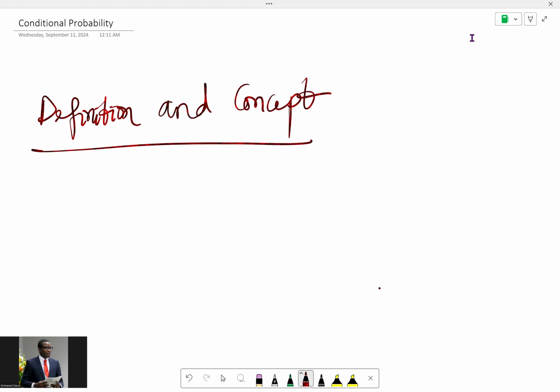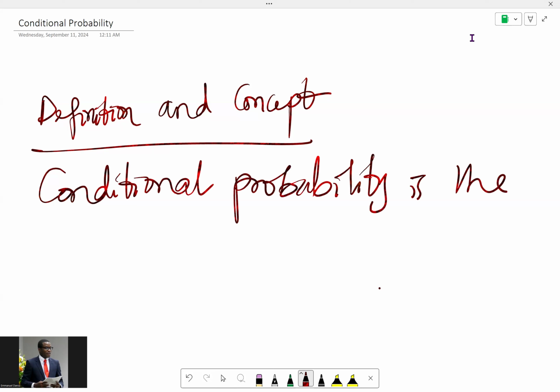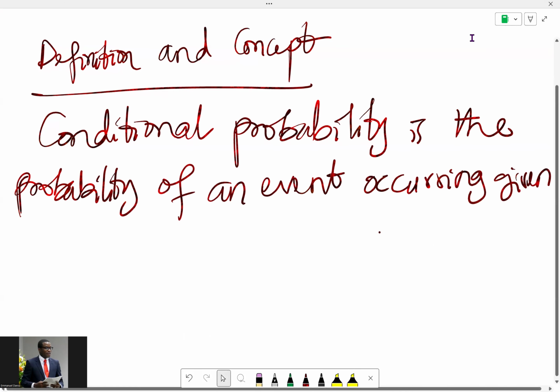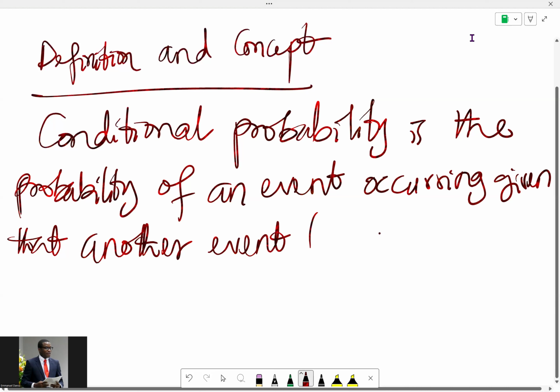For starters, conditional probability is the probability of an event occurring given that another event has already occurred.